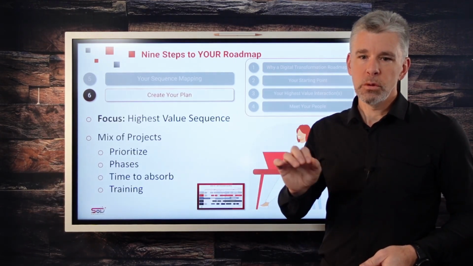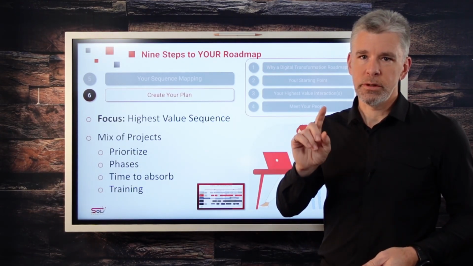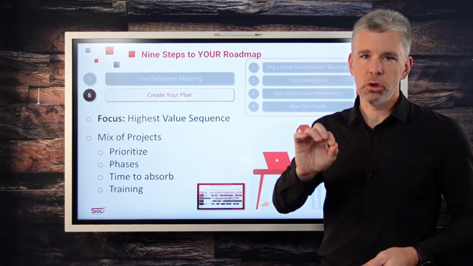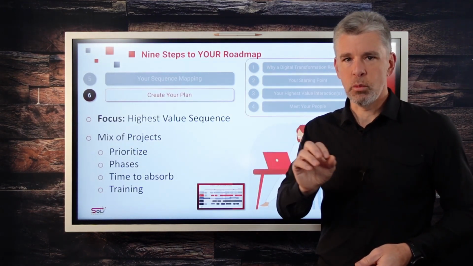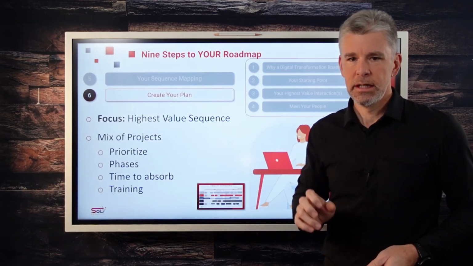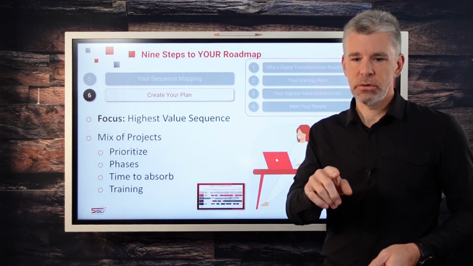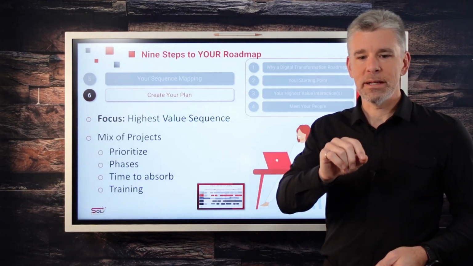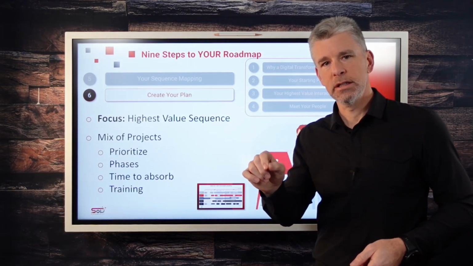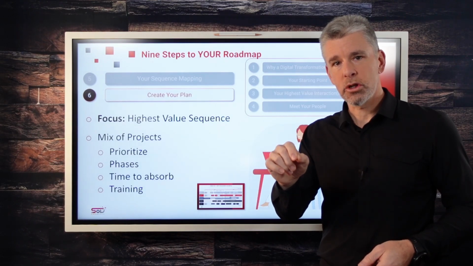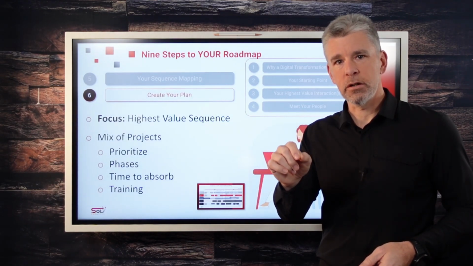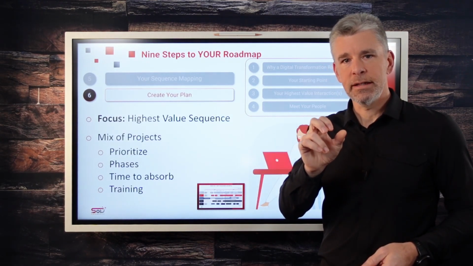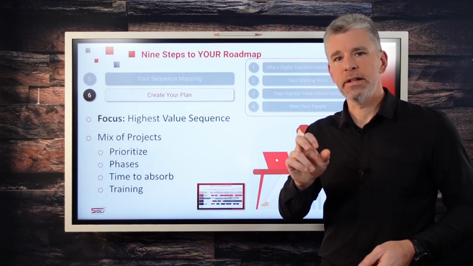But most of the time, again, it won't be only one project. That's going to be a good mix of all these projects. And when you are doing these projects, you need to prioritize them. You need to find the best sequence of these projects. And even some of the projects are going to be big enough that you have to think about, can we implement it in phases?